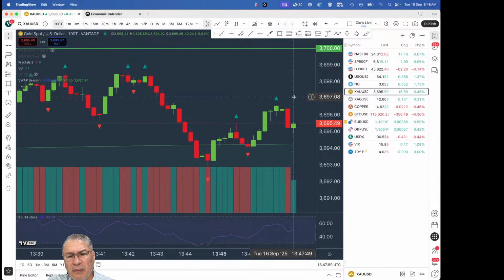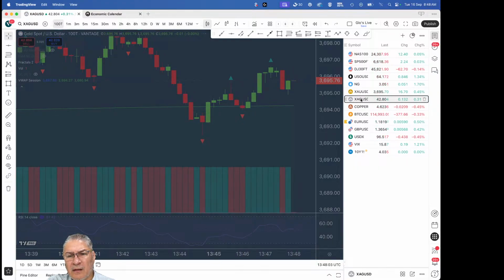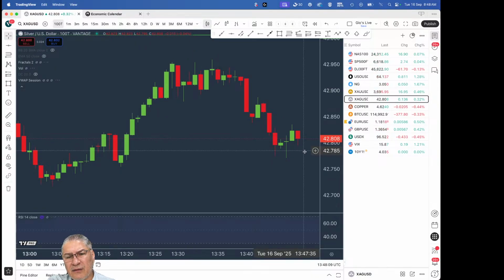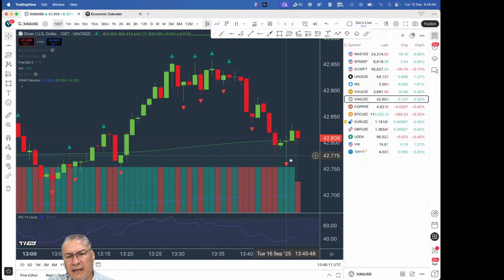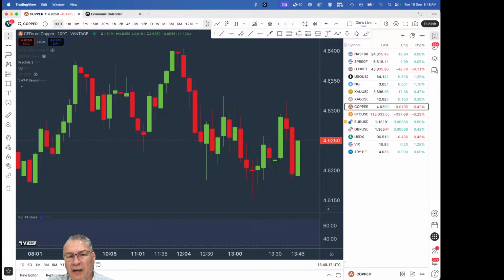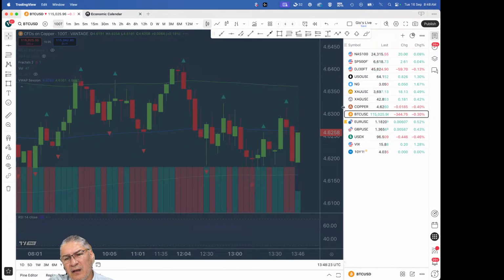Take a look at silver, and that is giving us another leg down, actually pulling back. That is expected before a rally continuation. Copper, pretty wide movements.